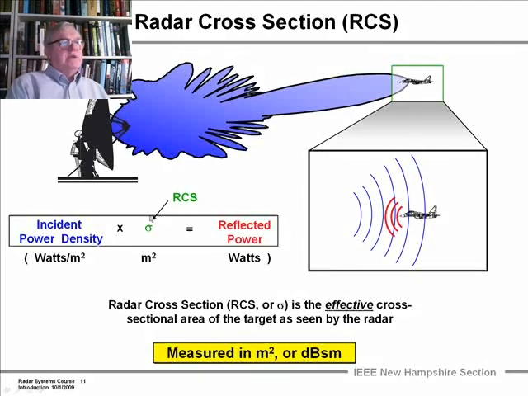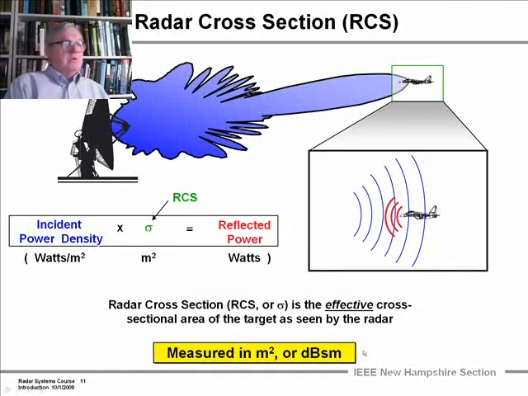The way we characterize the electronic size of a target at a particular wavelength of electromagnetic radiation is the effective cross-sectional area of the target as seen by the radar. It's measured in meters squared or in dBSM, in decibel units.